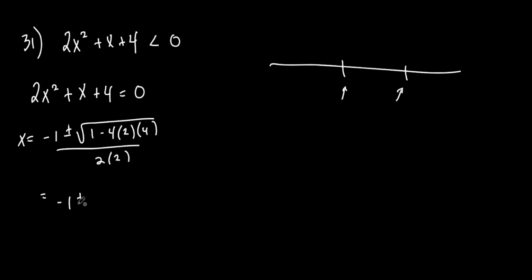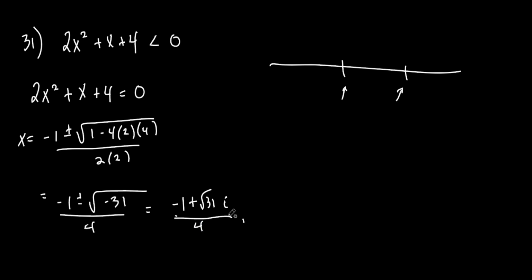Now we just simplify. This is going to be 1 minus, what's that? 16 times 2 is 32, so that's going to be what? Negative 31, yes? Over 4. So that's going to give you negative 1 plus square root of 31i over 4. And what else?